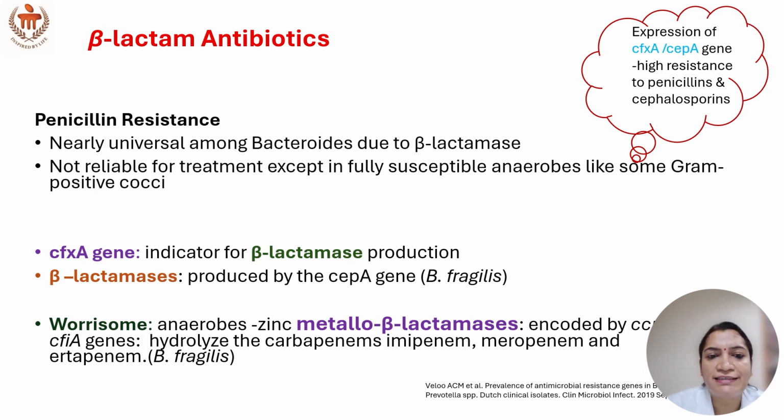The CFXA gene is an indicator of beta-lactamase production, and beta-lactamases are produced by the CEPA gene in Bacteroides fragilis. What is more worrisome is that anaerobes have zinc metallo-beta-lactamases encoded by CCRA and CFIA genes, which hydrolyze carbapenems, imipenem, meropenem, and ertapenem in Bacteroides fragilis.